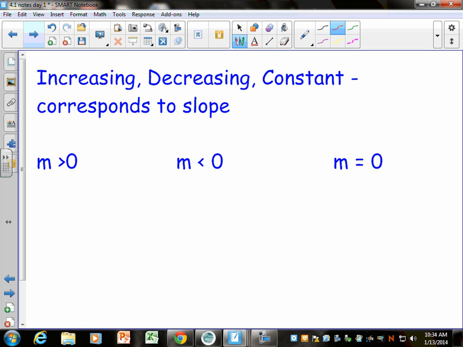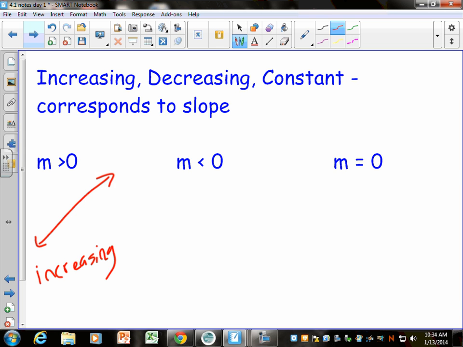All right. So if you have a line where the slope is positive, what does that line look like? Yeah, if the slope is positive, it's always going to be going up. So if your slope is positive, you're going to know that your graph is increasing always. You don't even have to graph it. And if your slope is negative, what kind of line does that look like?